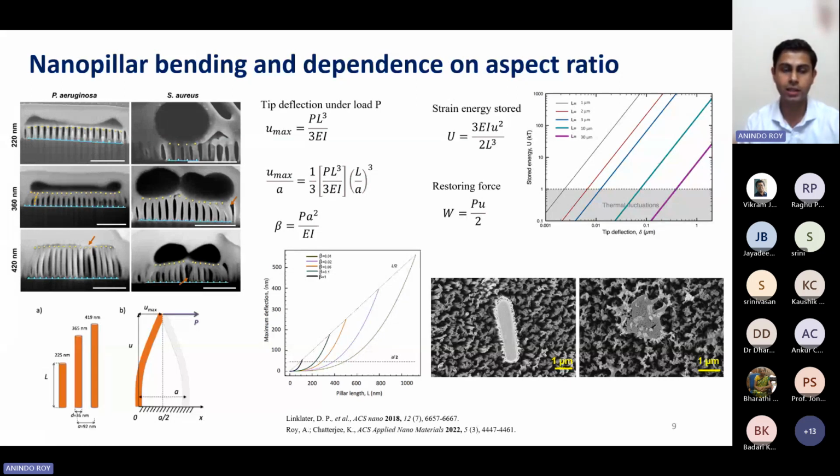And when they do deflect, they store much more strain energy at similar tip deflections compared to their taller counterparts. And therefore, for similar pillar diameters and different pillar lengths, if we culture bacteria on top of them, shorter pillars are more likely to kill a higher amount of bacteria compared to much taller pillars. So just increasing the length infinitely will not keep on enhancing the mechanobactericidal activity.